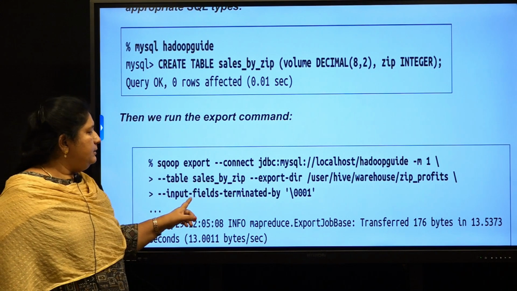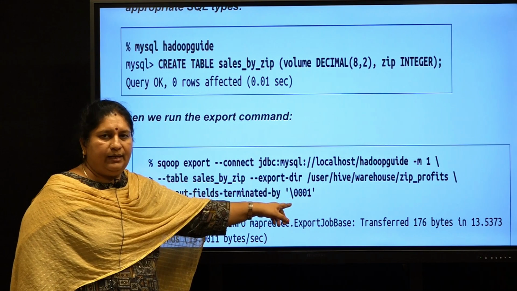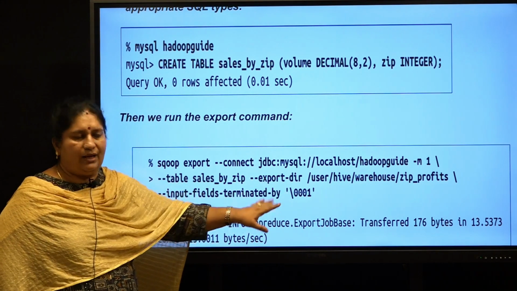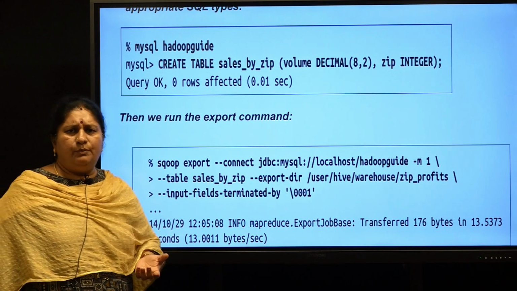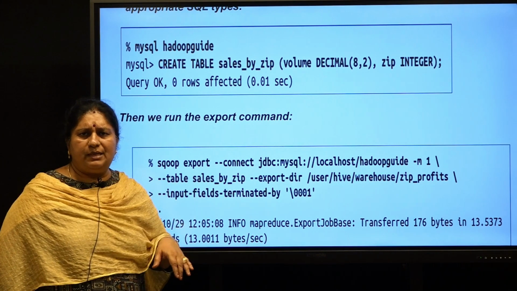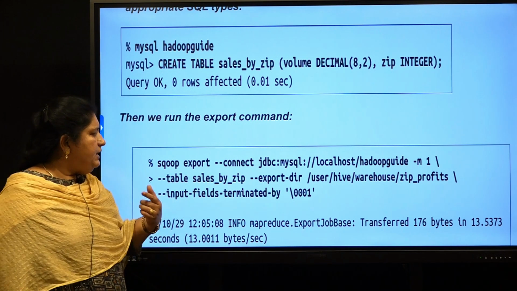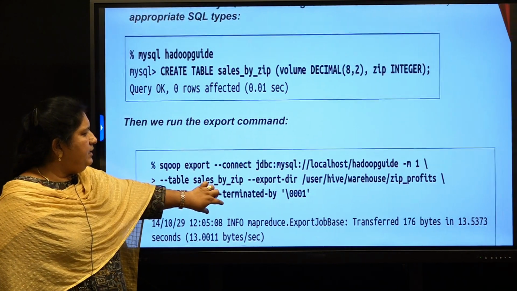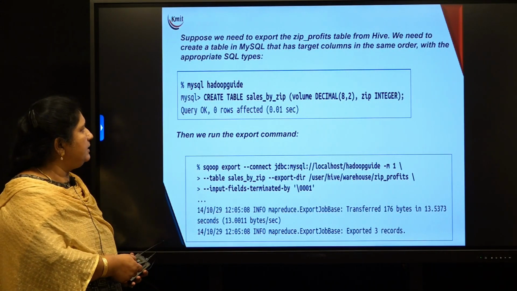And what are the fields terminated by, with what separator? What is the delimiter in the text file? That you are mentioning. Sometimes it could be a comma, sometimes some other symbol; various delimiters could be there. For every delimiter you can specify an escape character. I will show you the escape characters that are available.